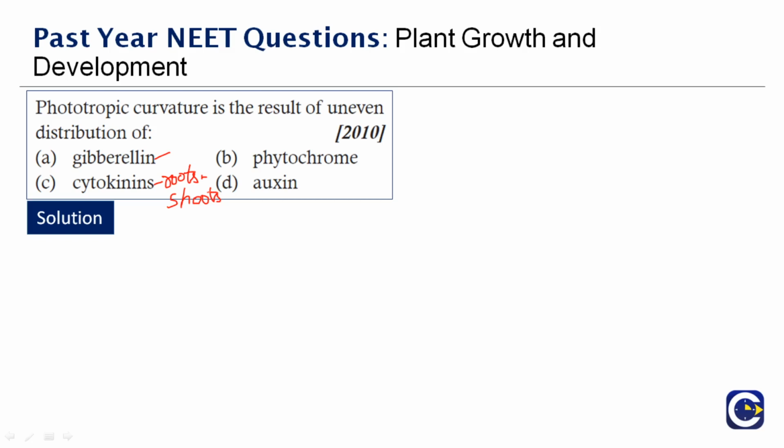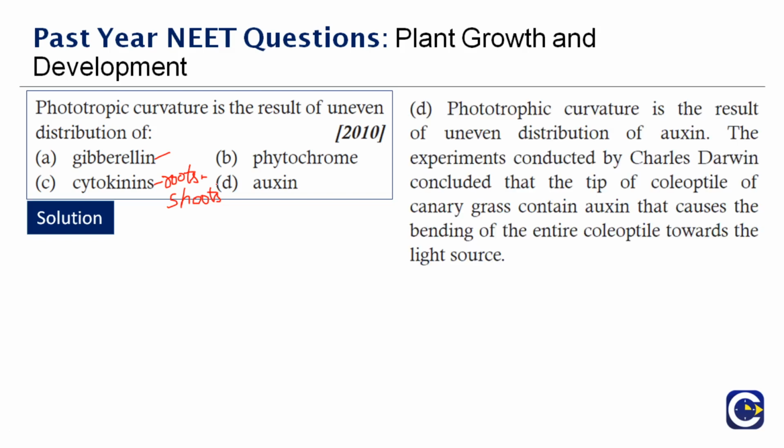That is the instance here also, where we saw a curvature which explained the auxin movement. So again, the answer here is coleoptile. Okay, the correct answer is auxin. Whatever experiments they have done with plants are mostly with coleoptile, avena coleoptile. The correct answer is option D.